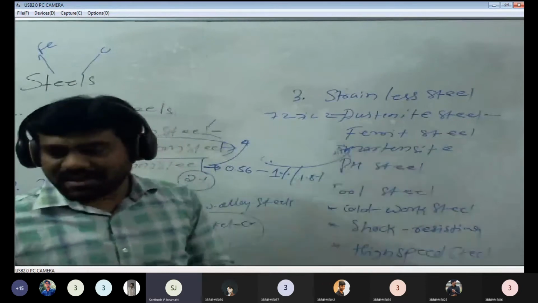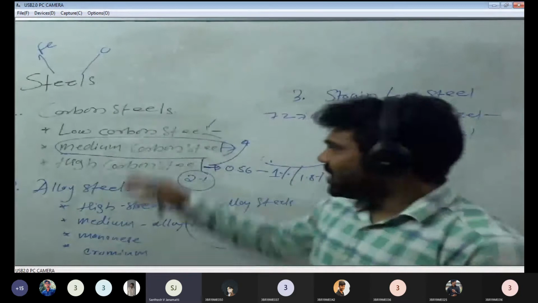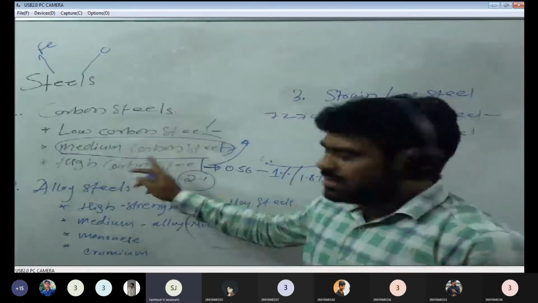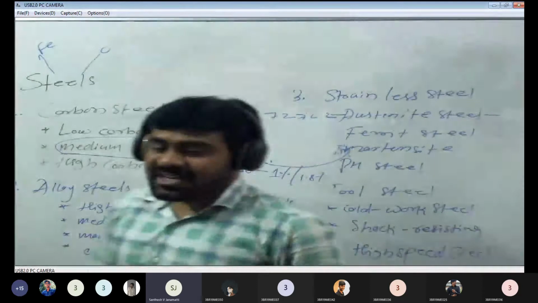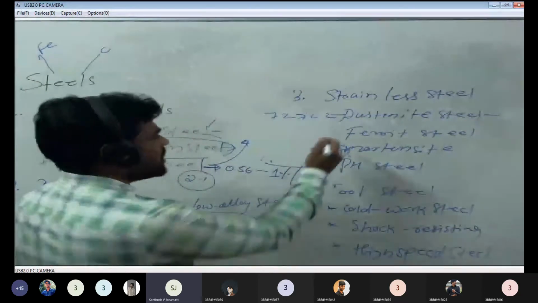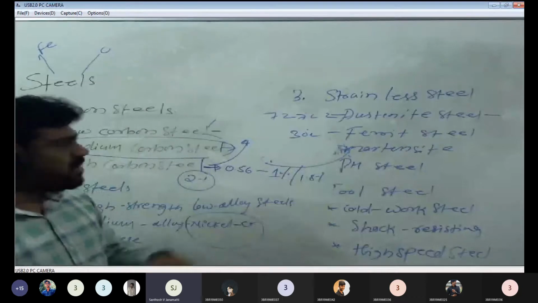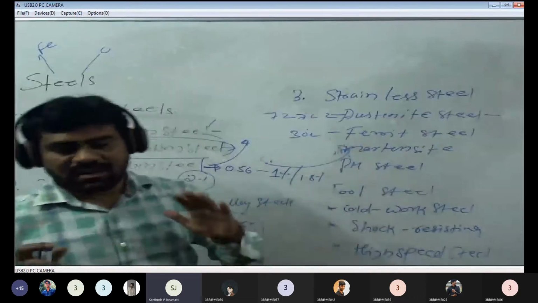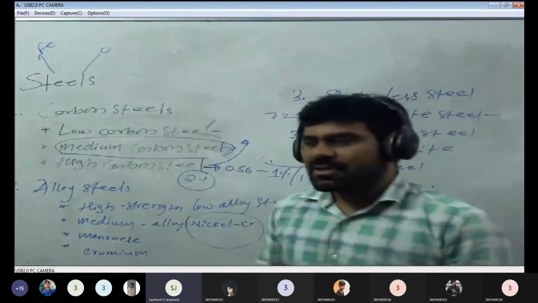Now coming to the ferrite steel. Window grills and other applications are made from low and medium carbon steel. These are the ferrite steels, because that steel is stable at room temperature, around 30 degrees Celsius. We can conveniently and comfortably work on that element or machine because it is stable at room temperature.